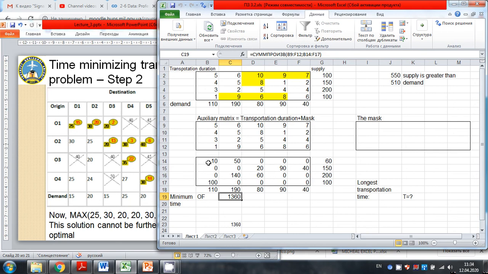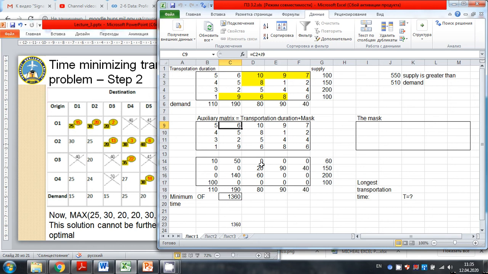Now we need to analyze it a little bit. What we need is to find the longest transportation time in this transportation plan. So we see that 5 hours is represented, 6 hours is represented in the transportation plan. 10 hours, 9 hours, 10 hours, 7 hours are not represented in the transportation plan.